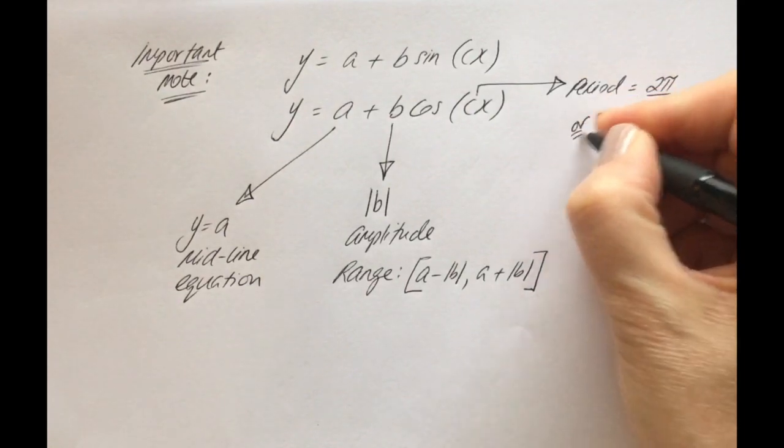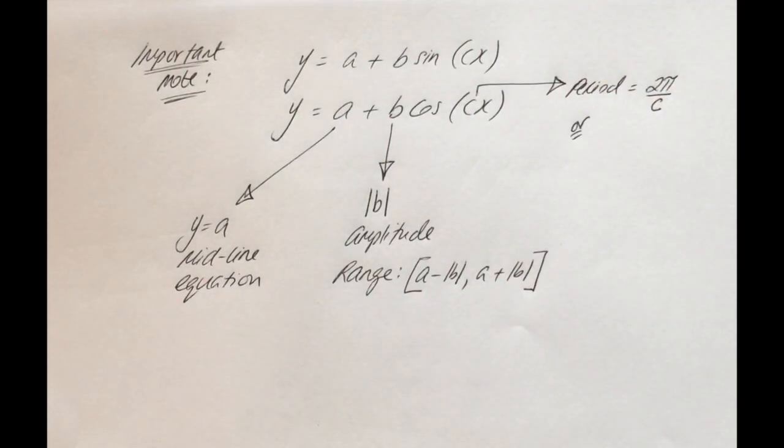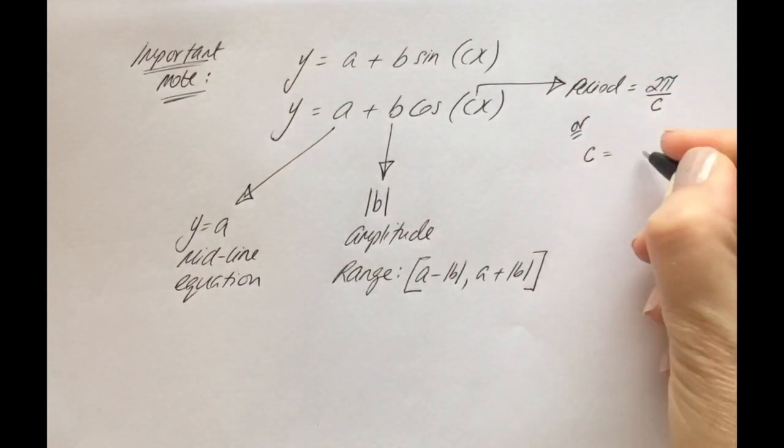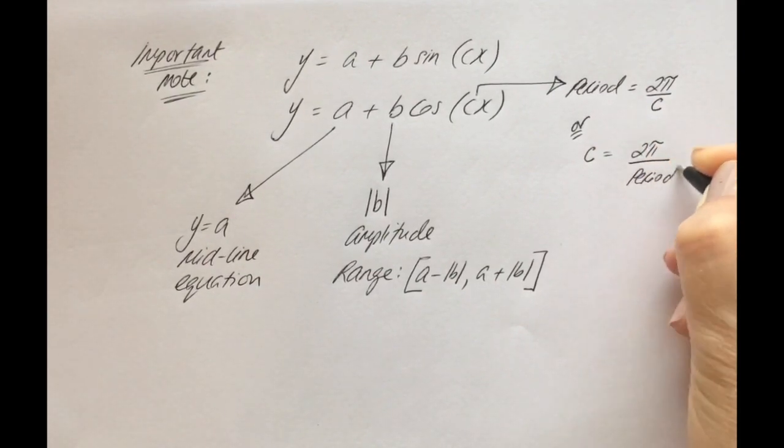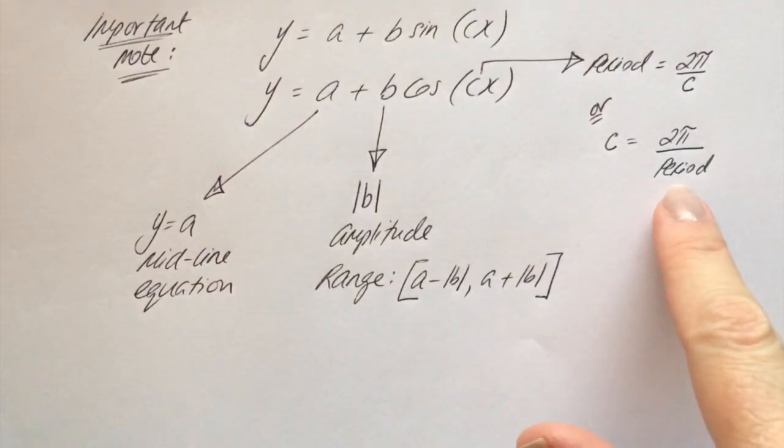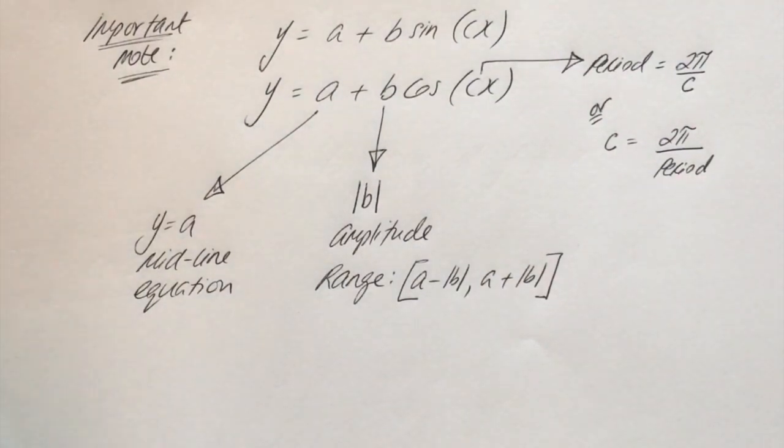Or another way of looking at a rearrangement of this equation is that the C value is equal to 2 pi divided by the period, all right? So remember, the period is that shortest distance along the x-axis, after which the graph will repeat itself, okay?